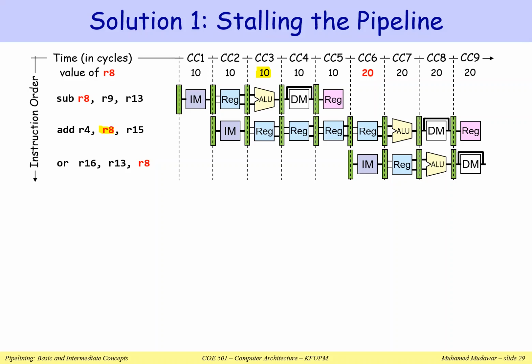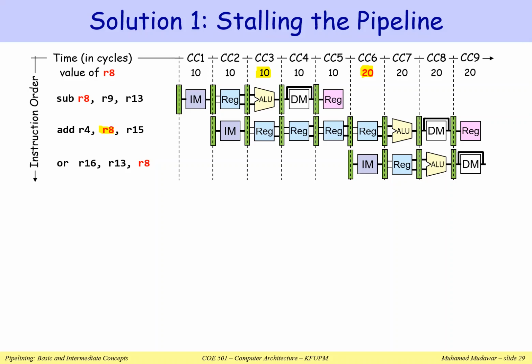So it has to wait. Simply, it has to wait until the subtract instruction writes the value of R8 in the register file, so until clock cycle number 6. Then it can read the new value that was computed by the subtract instruction from the register file.